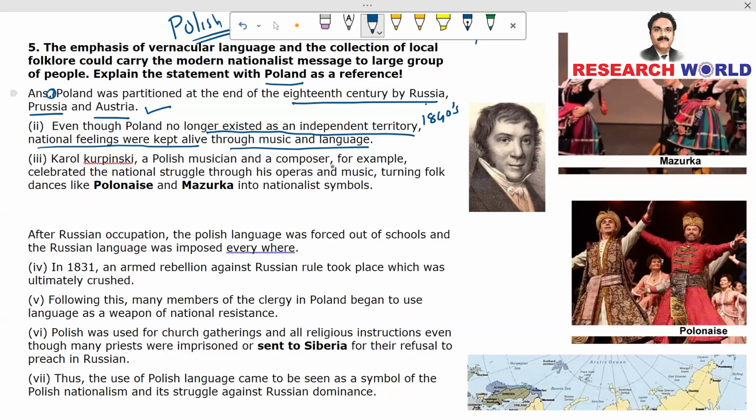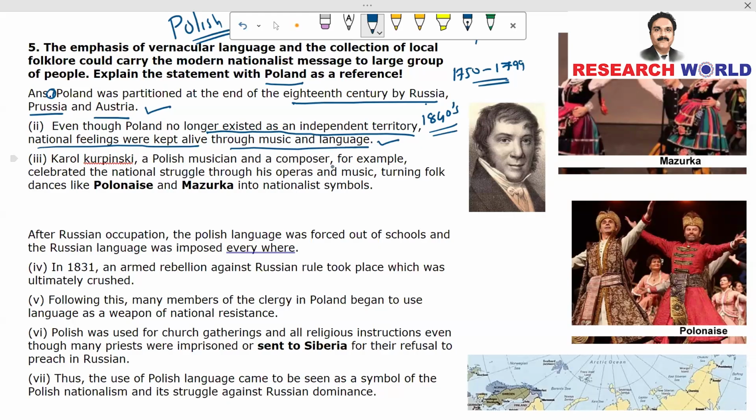Second point. First point is Poland was already partitioned at the end of 18th century. That is, end of 18th century means between 1750s to 1799. Okay, so that is the second half of 18th century, right? So Poland was partitioned at the end of the 18th century by Russia, Prussia, and Austria. Even though Poland no longer existed as an independent territory in these times, national feelings were kept alive through music and language.